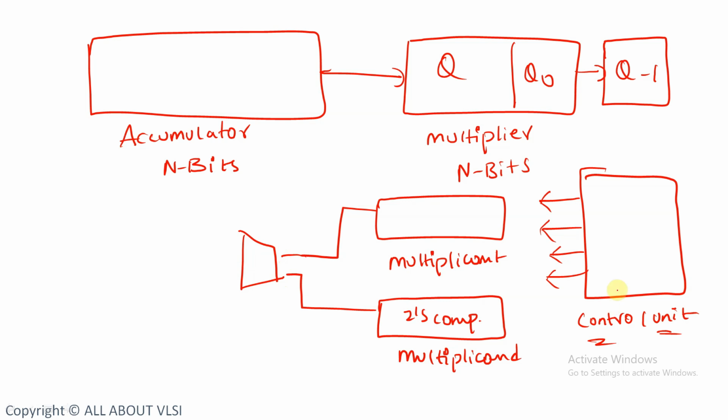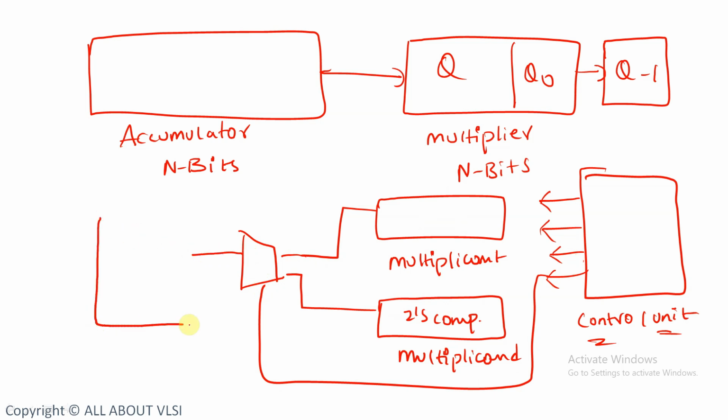According to the control unit output, whether to select the two's complement form or the normal original form, the multiplexer will select any one of the inputs and give it to the add or subtract unit.